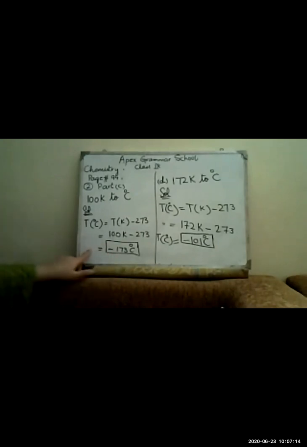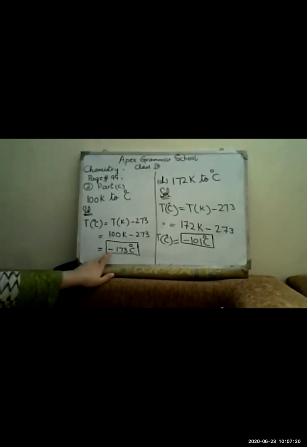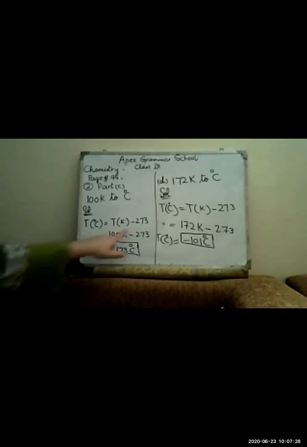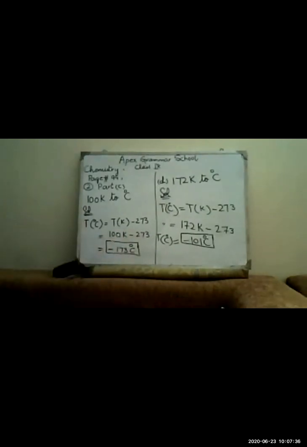So we will say that the temperature in degree centigrade is minus 173 degree centigrade. If you ignore this negative sign, then 0 marks will be given to you. So please keep this in mind when you are measuring temperature in degree Celsius and the value of Kelvin is lower than 273, then definitely the minus sign will come along.